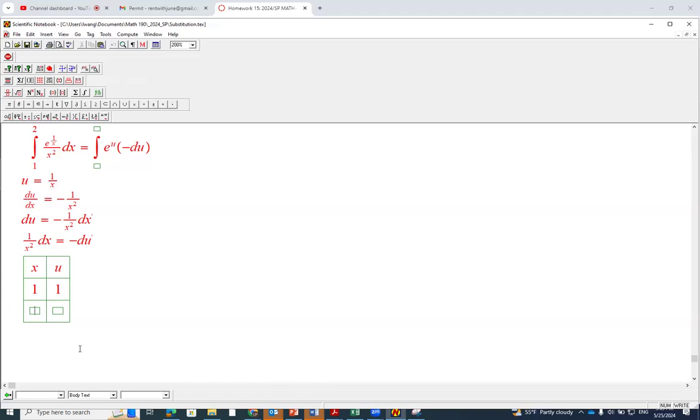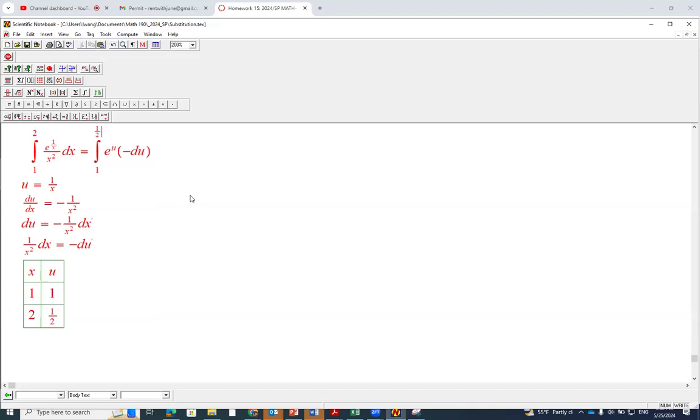If x equals 2, u equals half. They're reciprocal to each other. So 1 goes here, and half is going to go there. So the substitution is done.